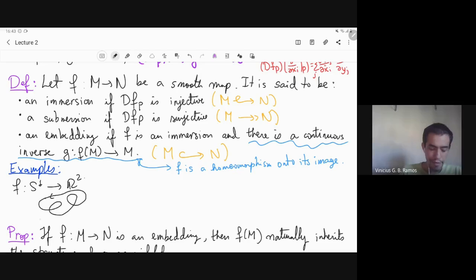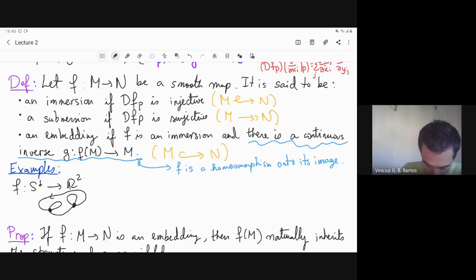And this is an immersion because the derivative is non-zero, so in particular it's injective, but it looks like it's not an embedding because the image is not homeomorphic to the domain. In particular, it's not injective. So an embedding has to be injective on top of being an immersion.